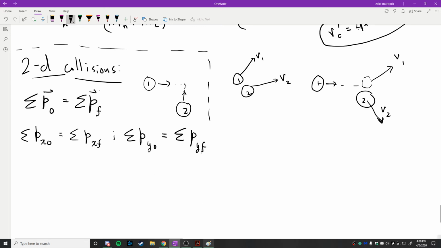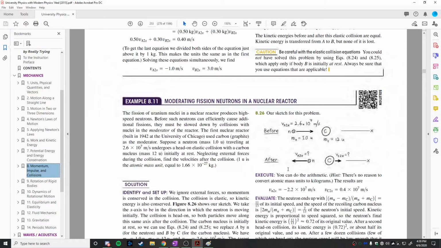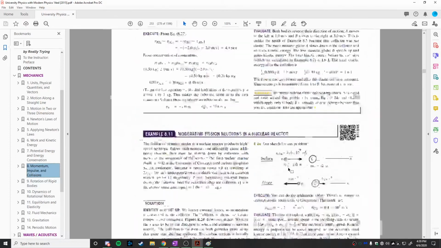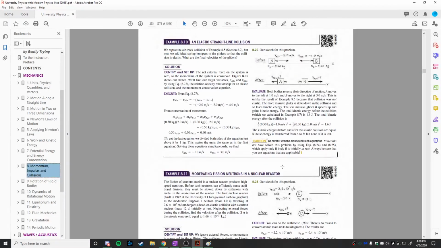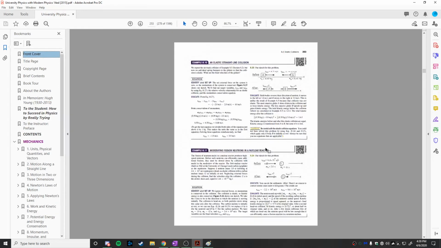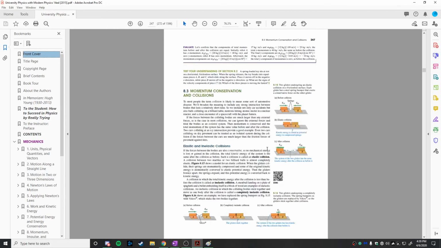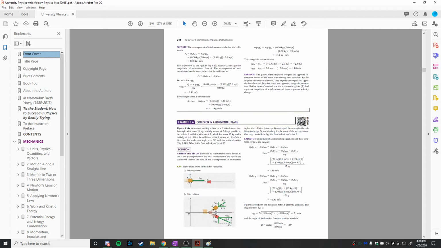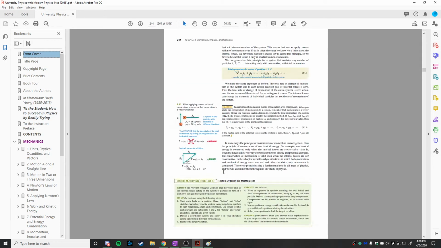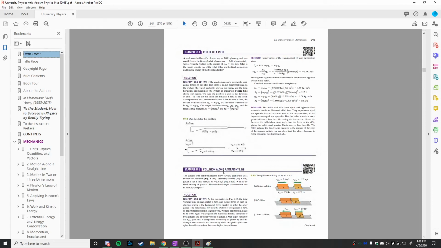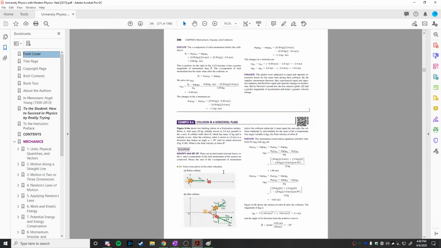And again, I have a problem for this, but I didn't put it into my document here. It's going to be before this. Sorry. I think the two-dimensional collision one is before this, right? Yep, here we go. No, that's not the one we want to do. I guess we could do this one, though.